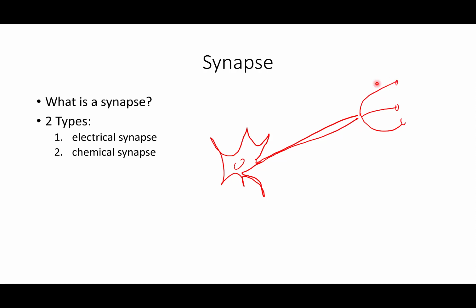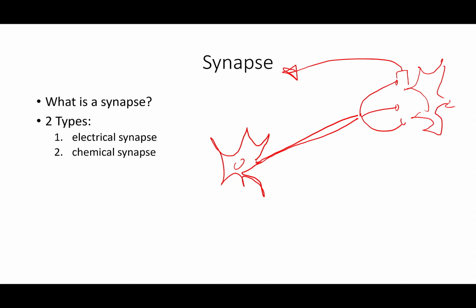And on our axon terminals, we would then have them terminating on another axon. This space between the synaptic terminal and the dendrites of the next axon or the next neuron is what we would call the synapse. Okay, we have two types of synapses.